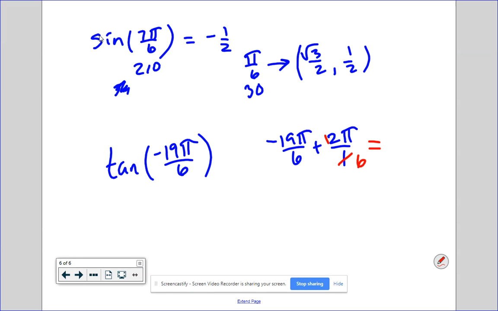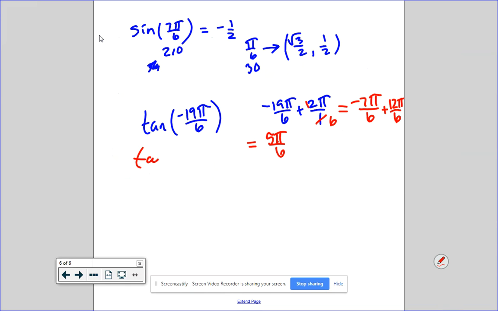So if I add negative 19 pi plus 12 pi, that's negative 7 pi over 6. I'm still negative. So what do I need to do again? I've got to add 12 pi over 6 again. And what do I get now? 5 pi over 6, which is 150 degrees.